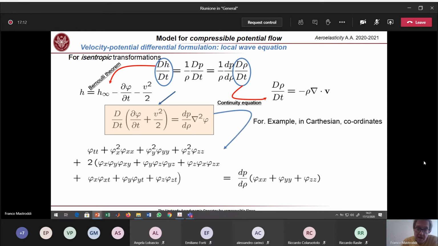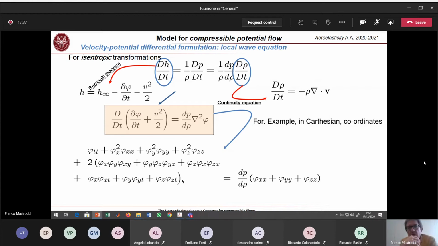Now consider, for example, Cartesian coordinates, and here I have developed on the left hand side this operator, and in the right hand side we have the Laplacian operator like here. I am assuming that the subscripts are partial derivatives with respect to z, y, x, and time, and so on.